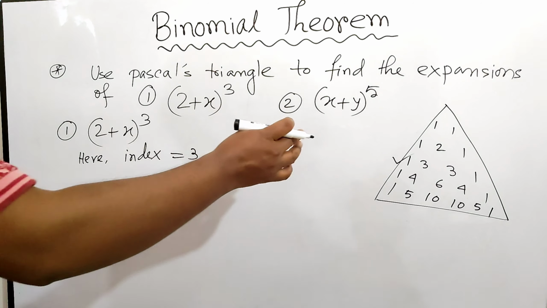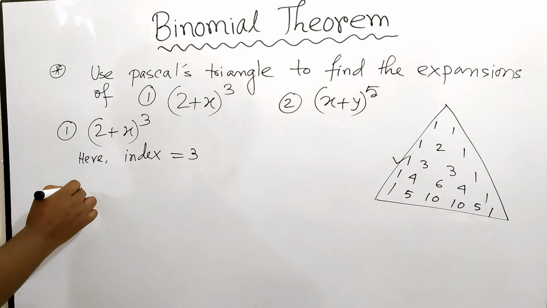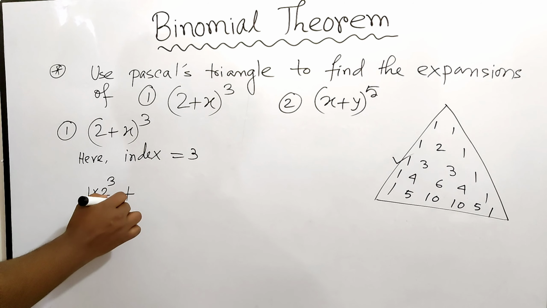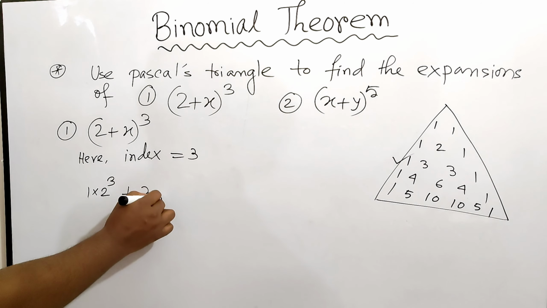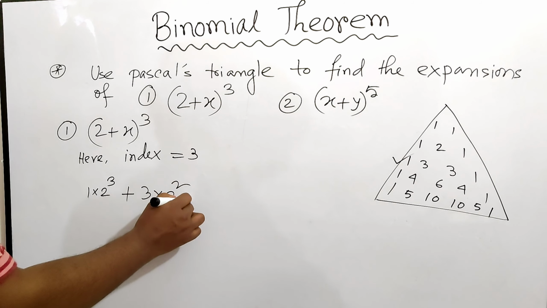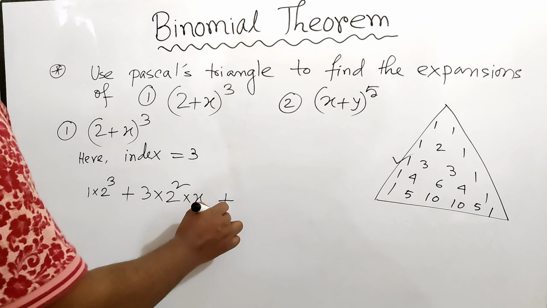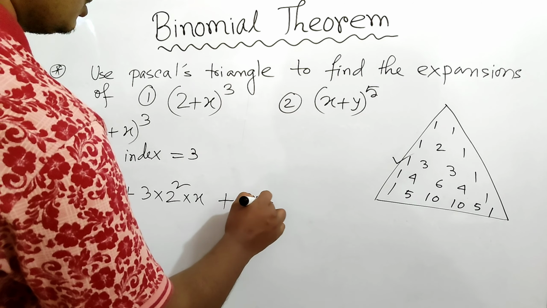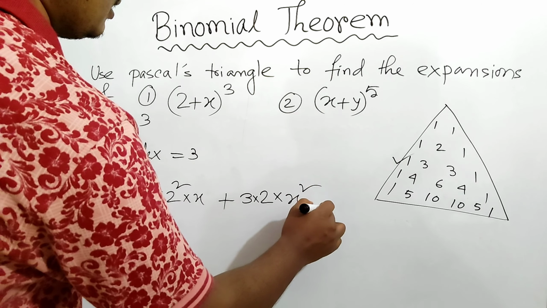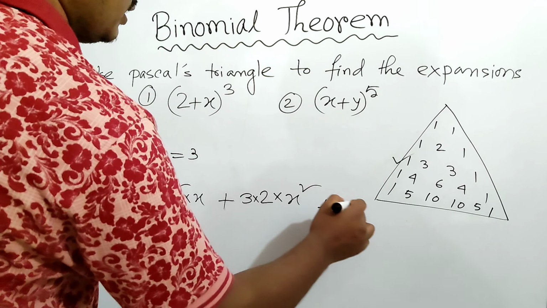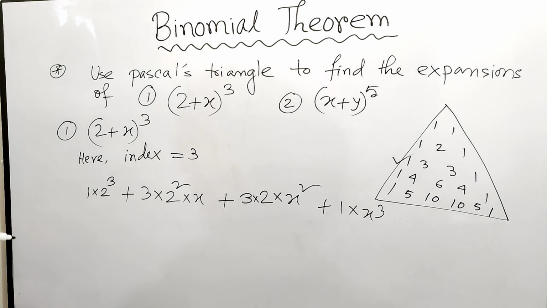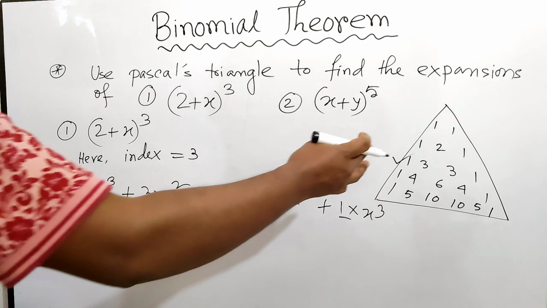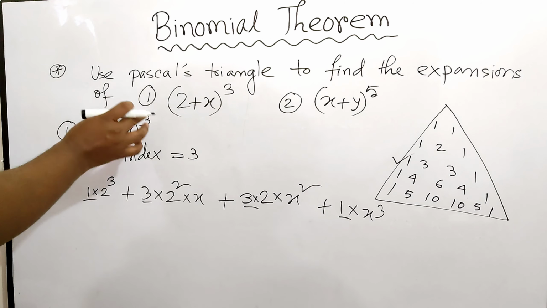If we expand this, we get 1 multiplied by 2 cubed plus 3 multiplied by 2 squared multiplied by x plus 3 multiplied by 2 multiplied by x squared plus 1 multiplied by x cubed. According to Pascal triangle, these are the coefficients for index 3.